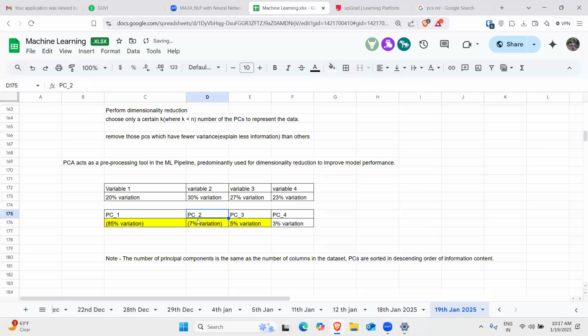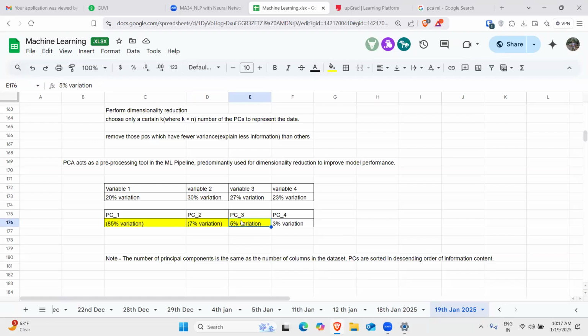Like principal component 1 gives us 85% information, that is variation, then 7, then 5. That's what we have.